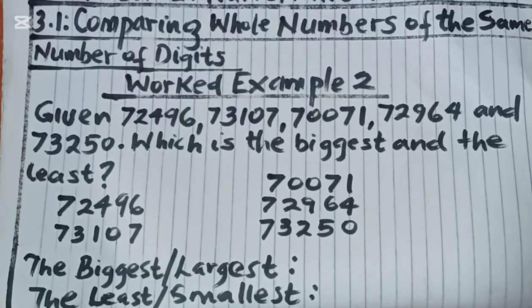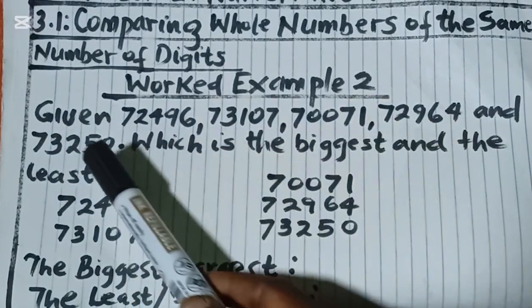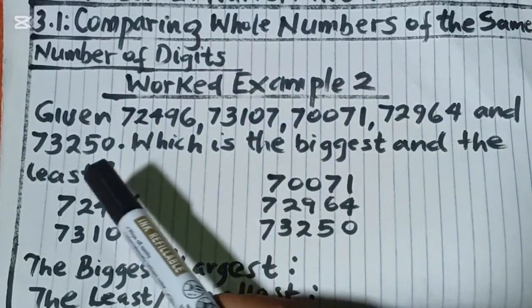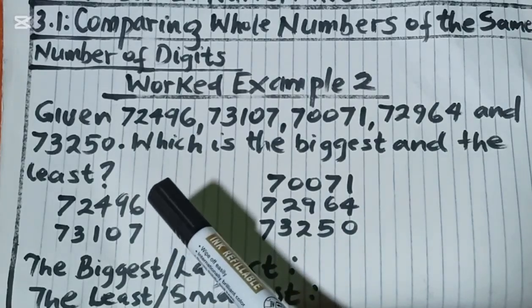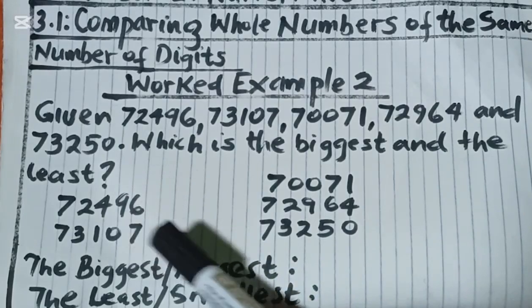Here comes worked example 2 in comparing whole numbers of the same number of digits. Given the set of numbers, we are expected to find the biggest and the least of the numbers. So, following the steps, we write out the numbers line by line.